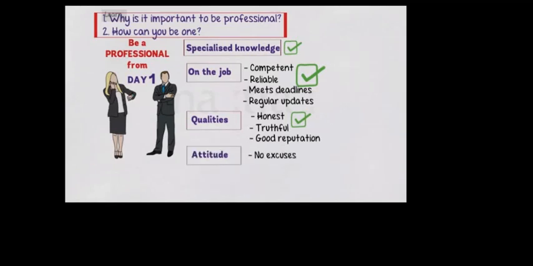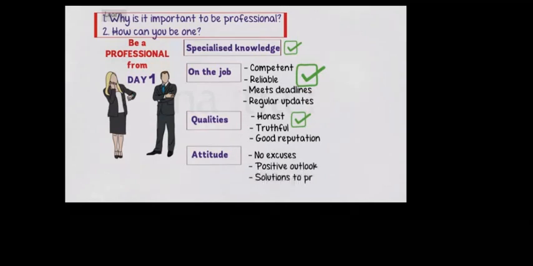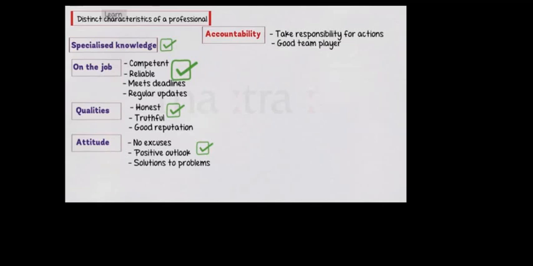Professionals do not make excuses. They have a positive outlook and are always looking for solutions to problems. Some more distinct characteristics to spot a thorough professional are: accountability, will take responsibility for actions and will be a good team player.